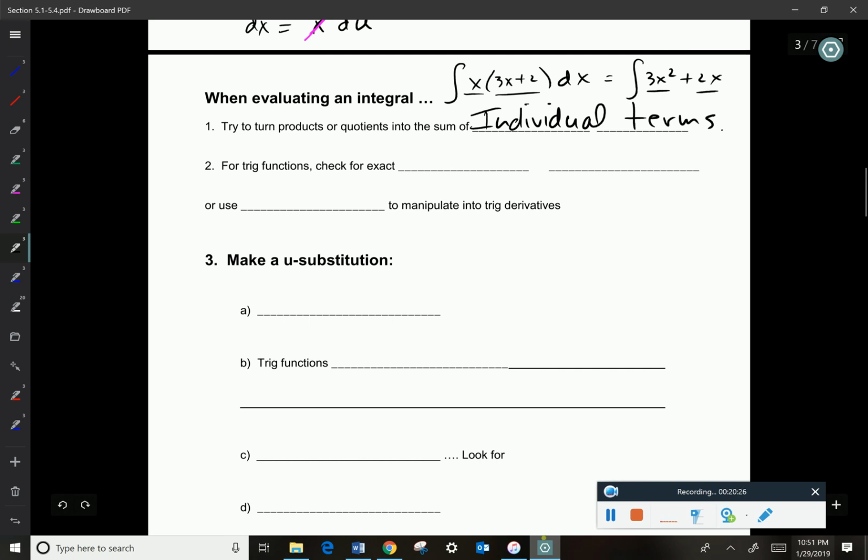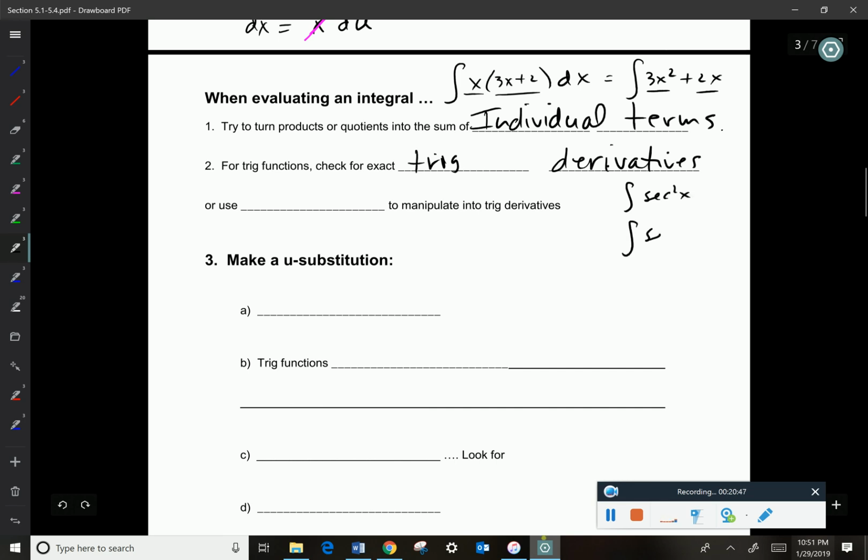Or remember, the first thing we learned about integrating trig functions was to check to see if they are exact trig derivatives, right? You know, the 6 trig derivatives, like if it's the integral of secant squared, I know that's tangent.